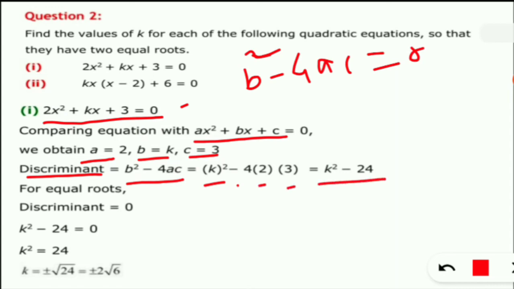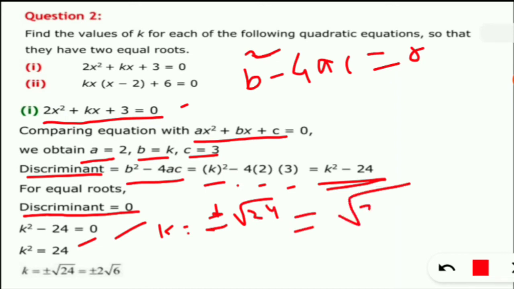For equal roots we know that the discriminant b square minus 4ac equals 0, that means k square minus 24 equals 0. So k square equals 24, so k equals plus minus under root of 24. So 24 can be written as 2 into 2 into 6, this is plus minus. After that, plus minus 2 root 6. Clear?